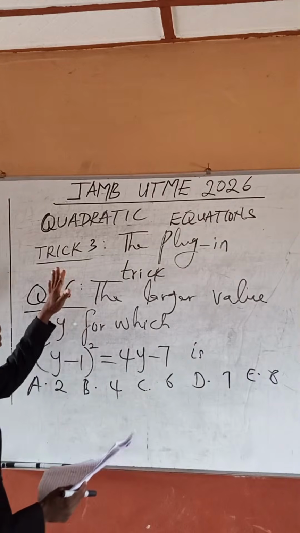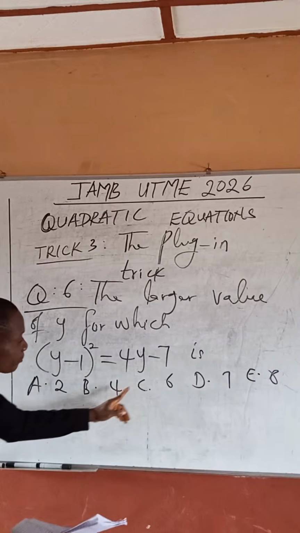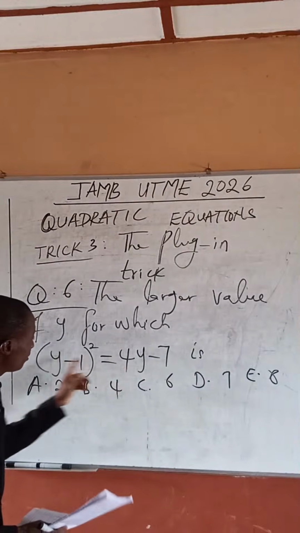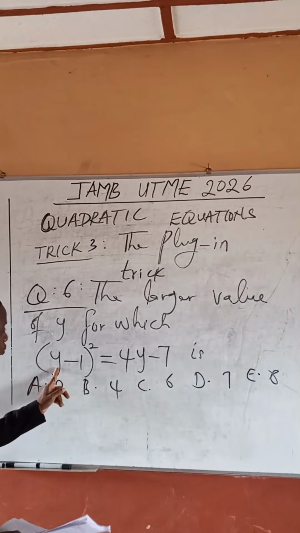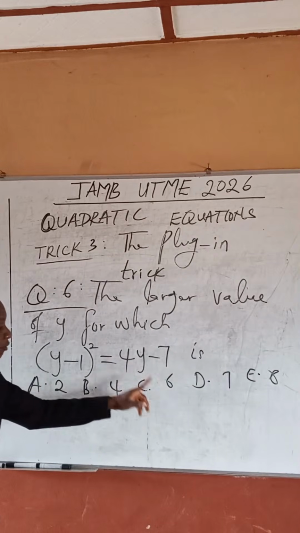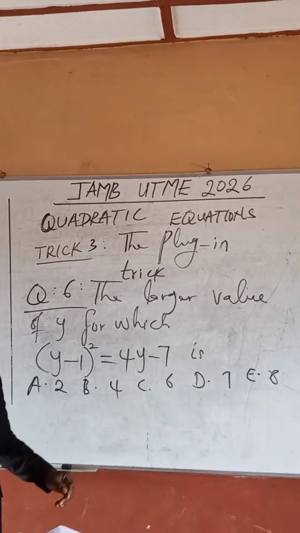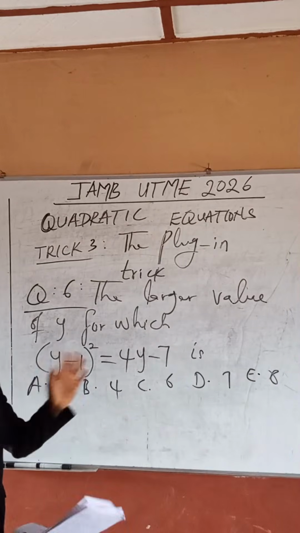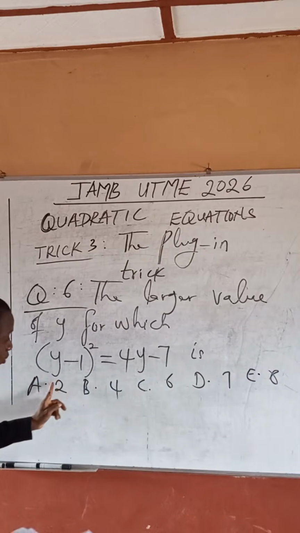This is what you are going to use. Pick each of these options and plug them in here and here. If you pick 2, put 2 here and 2 here. If you pick 4, put 4 here and 4 here. If you pick 6, just keep doing it. There's no way you will do it up to this level and not get the answer. Remember, there are 2 answers, but we need only 1. That's why they gave us 1.